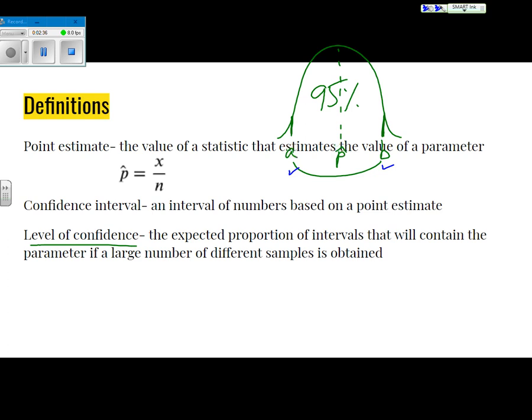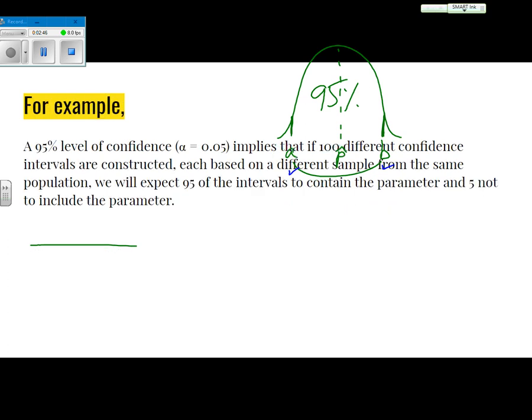If I was able to get my hands on the entire population, how they would feel about living in a haunted house. Just so we're on the same page, I'm not going to erase that; I know it's over my writing, I apologize. If I'm taking a 95% level of confidence, and sometimes you'll see it written as alpha equals 0.05, that's your margin of error right there.